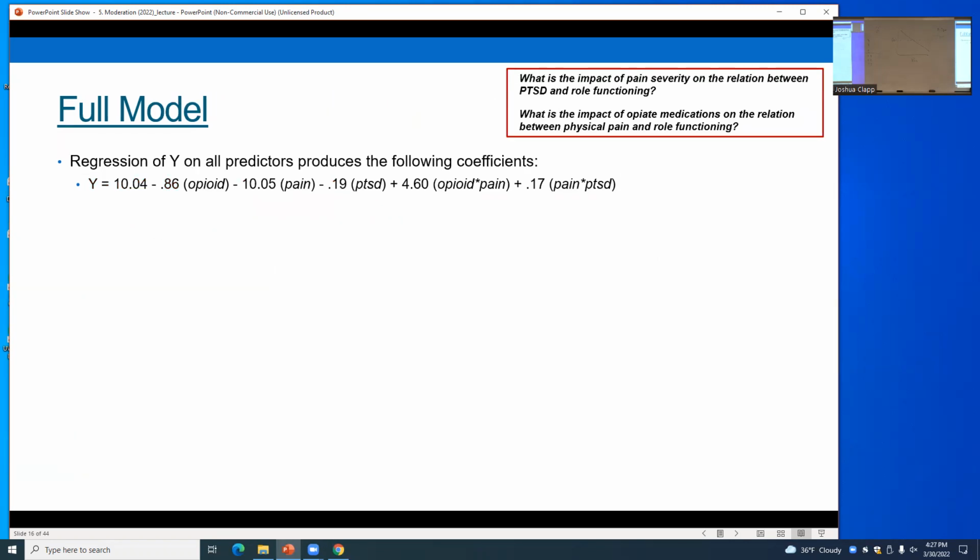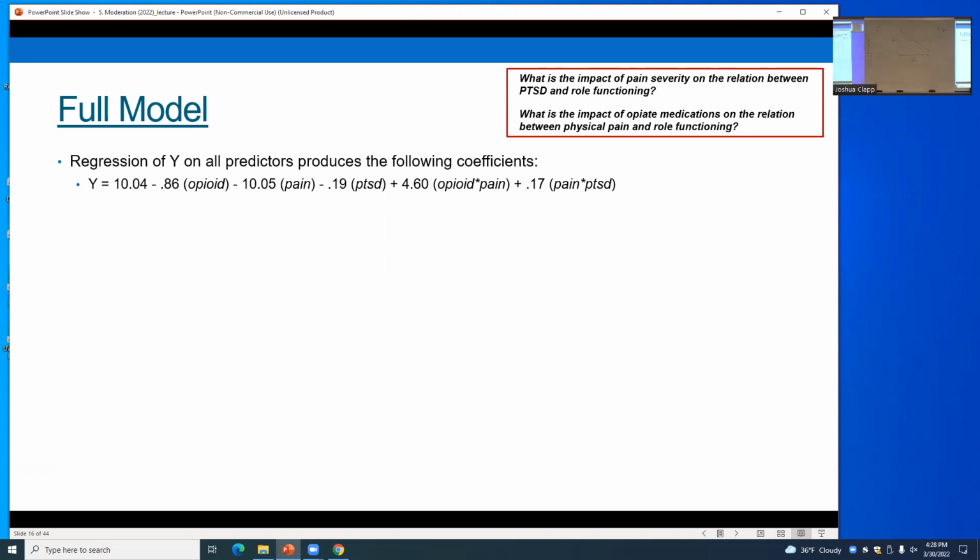So let's say we want to switch things over and look at our full model, right? Remember that we're interested in the impact of pain severity on the relation between PTSD and role functioning, and the impact of opiate medications on the relation between pain and role functioning.